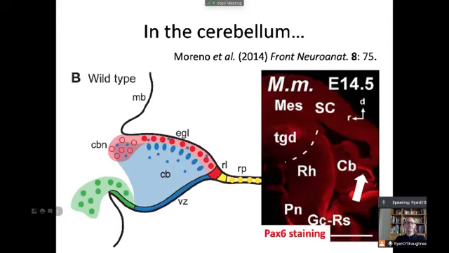And in the cerebellum, we see regions with this PAX6 staining. So the same binary cell fate decision that happens in the pancreas is also happening in the cerebellum.